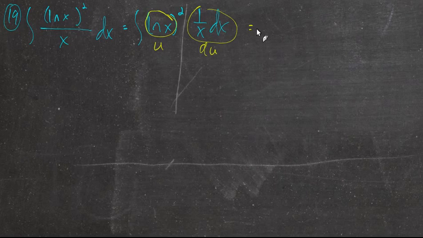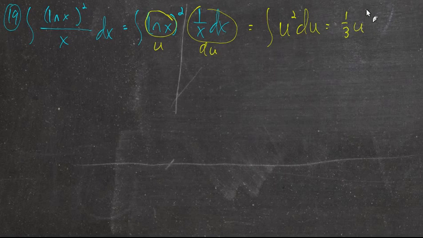And so what this becomes is u squared du, right? And then the antiderivative of that would just be 1/3 u to the third plus c, and it just remains to replace u. U was the natural log of x. Natural log of x plus c.